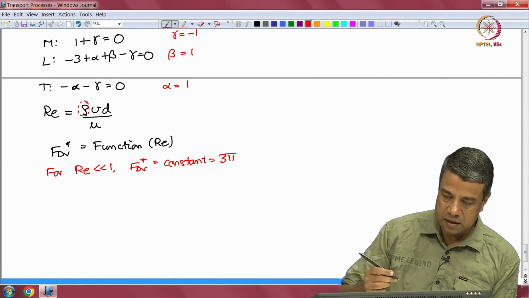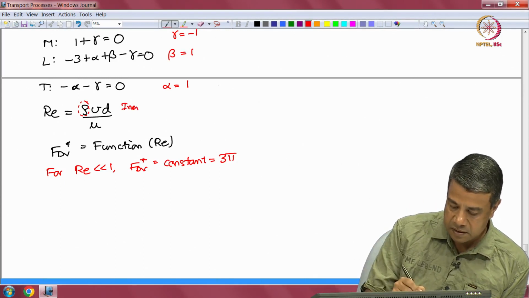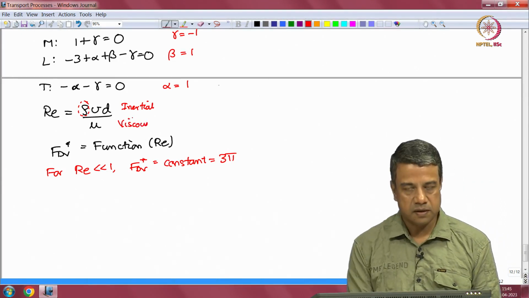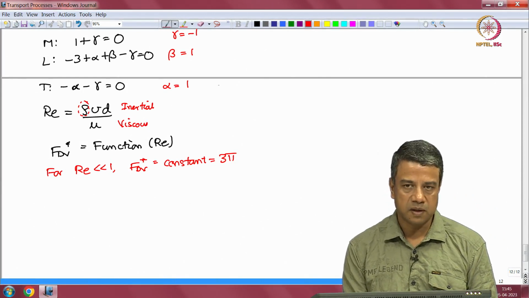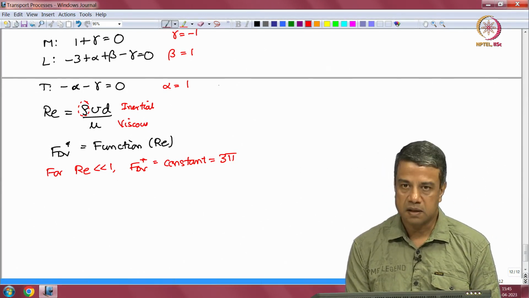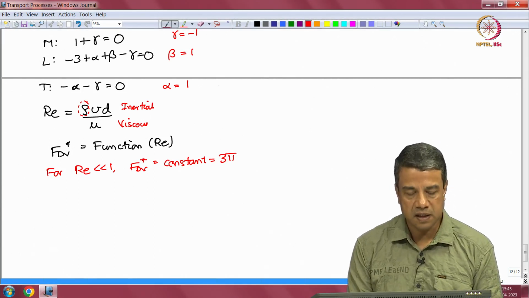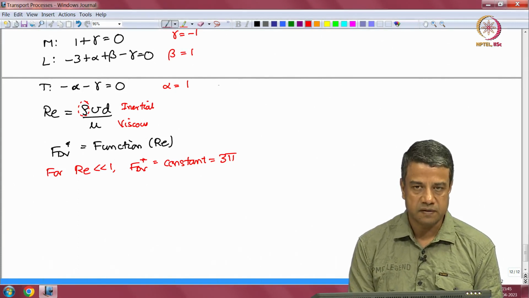The numerator in the Reynolds number represents inertial effects, and the denominator represents viscous effects. So, when the Reynolds number is small, inertial effects are small compared to viscous effects. Viscous effects are dominant, they have the dominant contribution to the drag force, and therefore, I can scale the force by viscous effects.